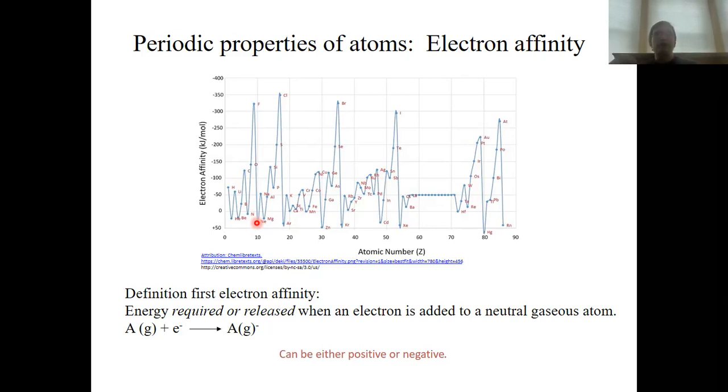It would spontaneously emit the electron again. Okay, that is also a reason why electron affinities are experimentally much harder to measure, especially when you're talking about positive electron affinities.